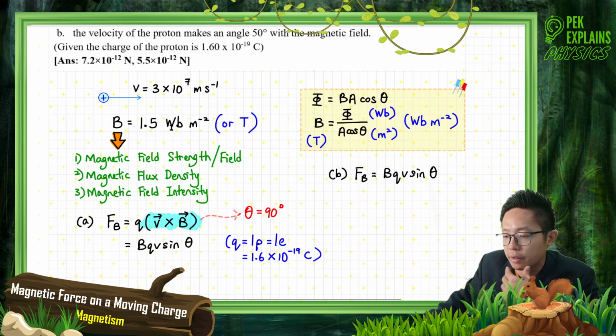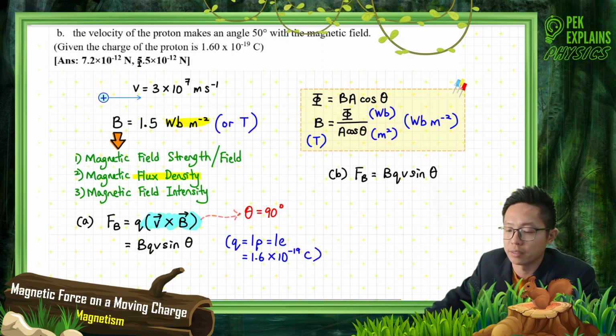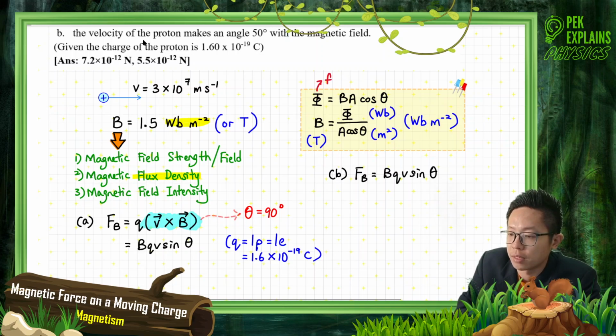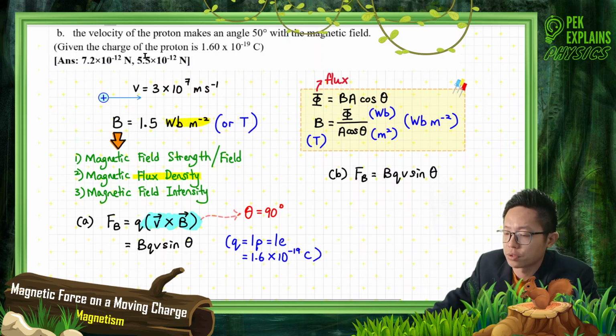So magnetic field strength also has this unit Weber per meter square. This one comes from the term flux density. Because in the chapter on electromagnetic induction, we are going to learn about flux, the magnetic flux. So flux is BA cos theta.